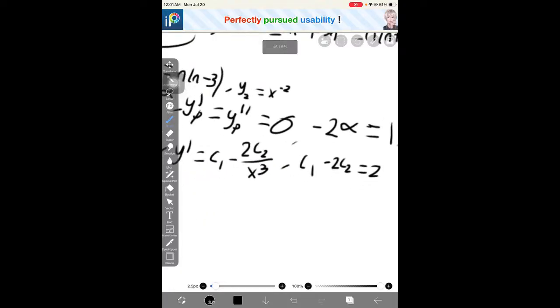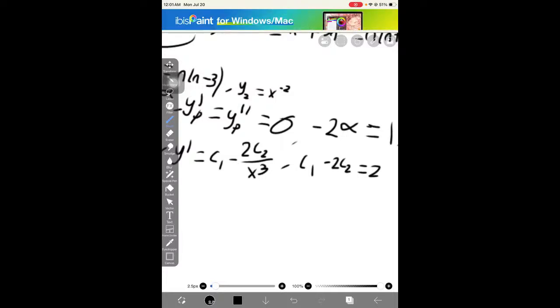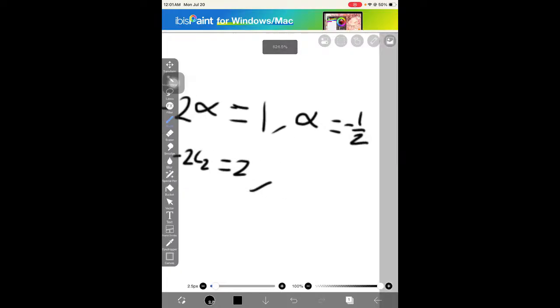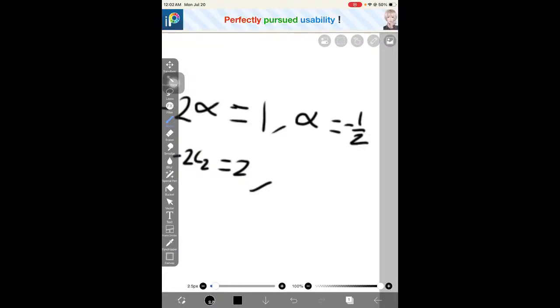So now we have, maybe not simply a system of equations. Let's just figure it out.